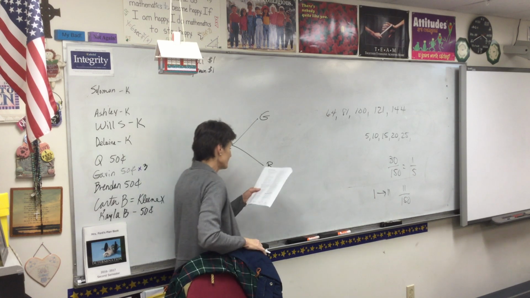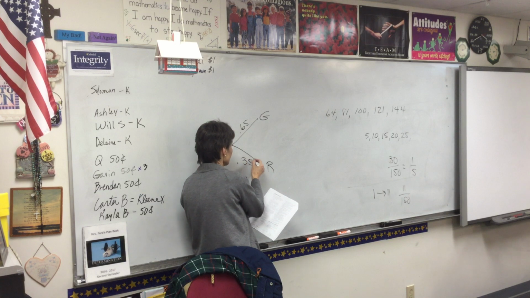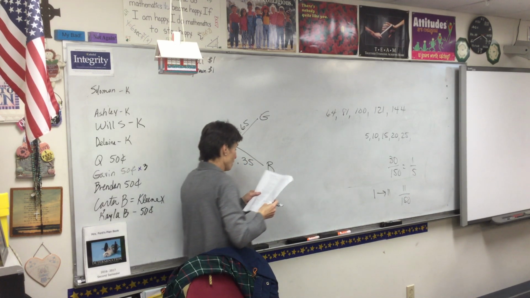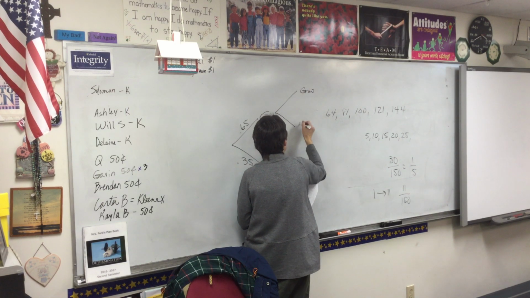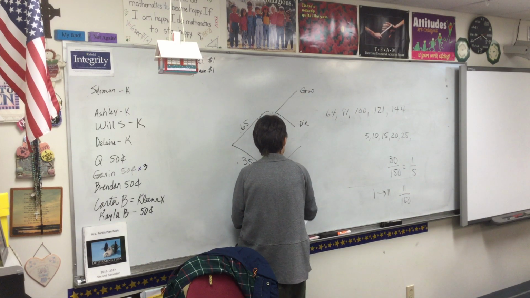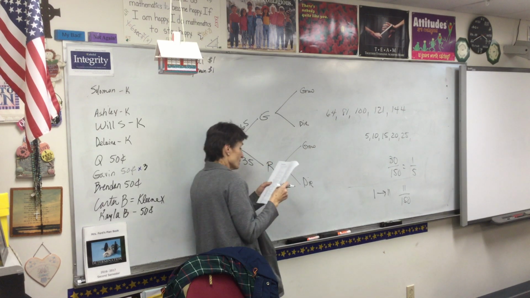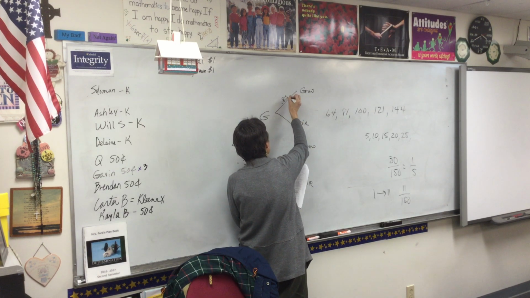The probability that it's green is 0.65. Now, then we're going to grow or die, not grow. So a green seed grows at 0.85.